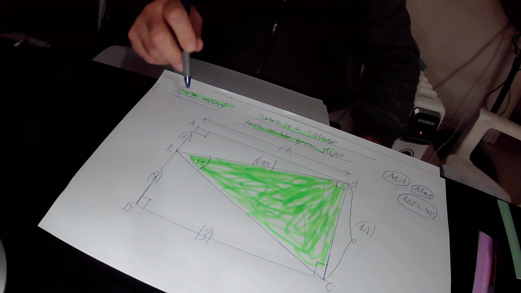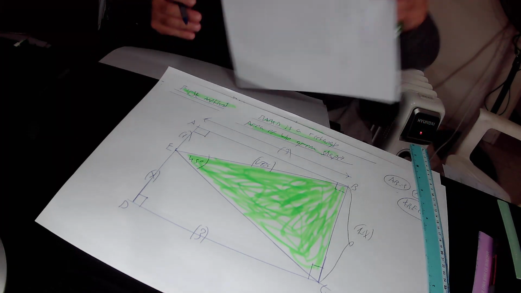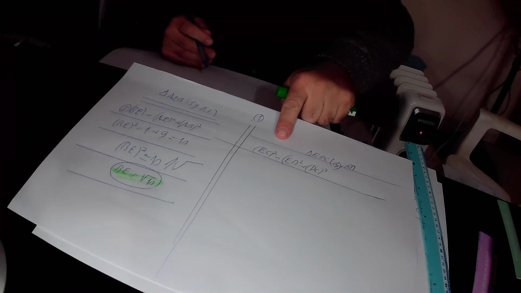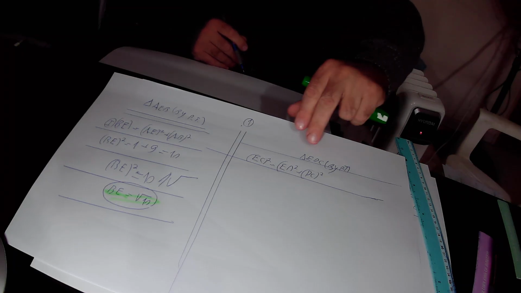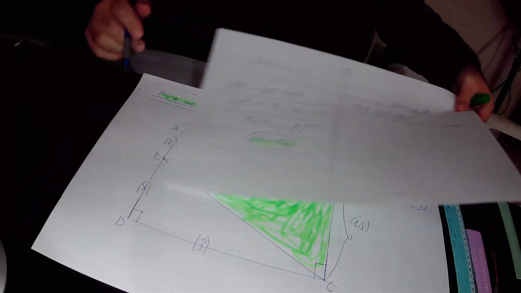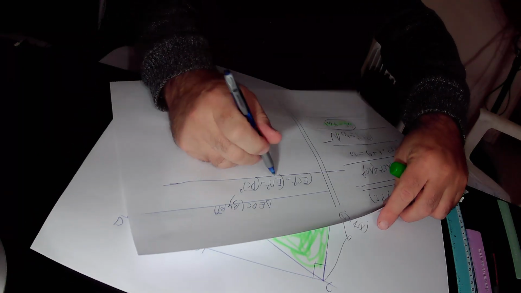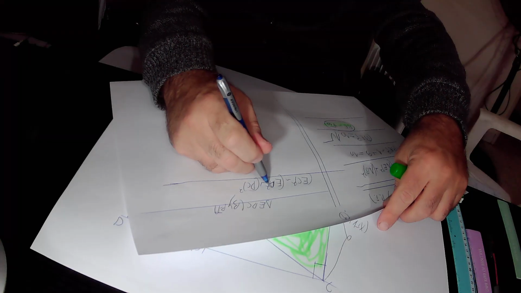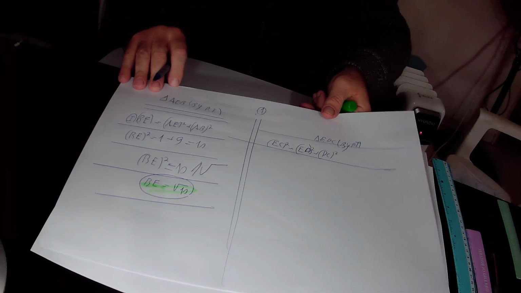And again, in this right triangle EDC, according to the Pythagoras theorem, EC squared, the square of the hypotenuse, equals ED squared plus DC squared.